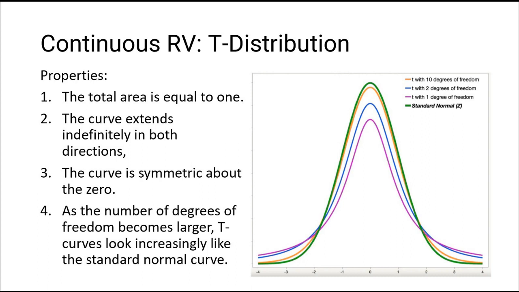The shape of the curve depends on the number in the sample, n. Okay, so that's actually the difference between the t-distribution and the normal distribution. The shape of the normal distribution depends on the mean and the standard deviation.